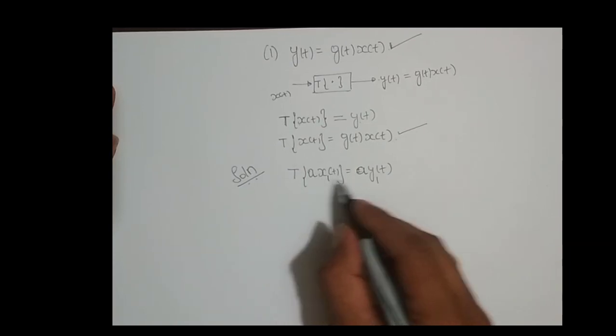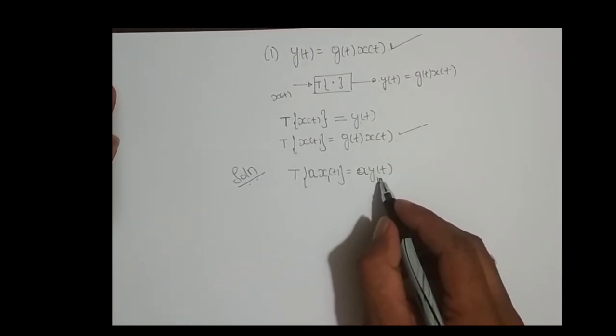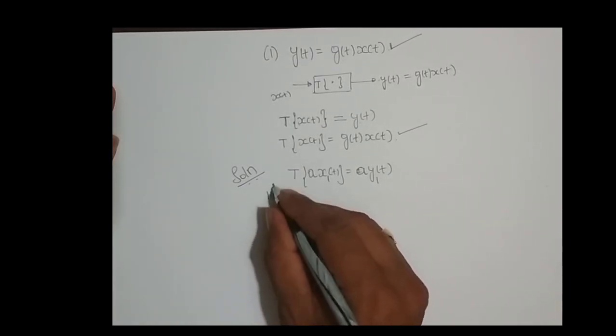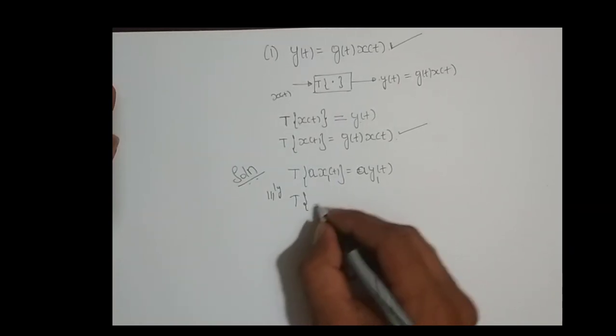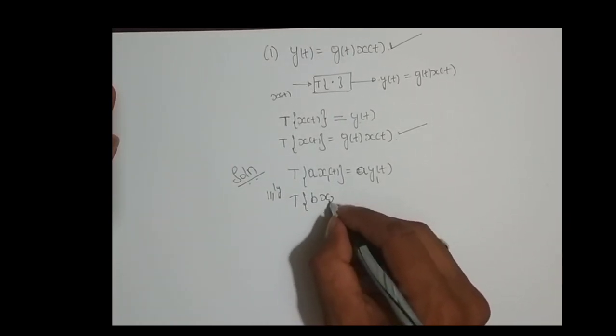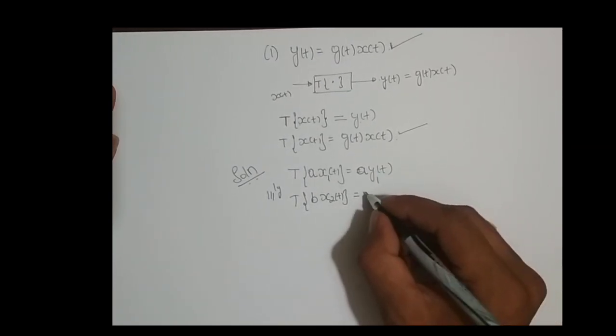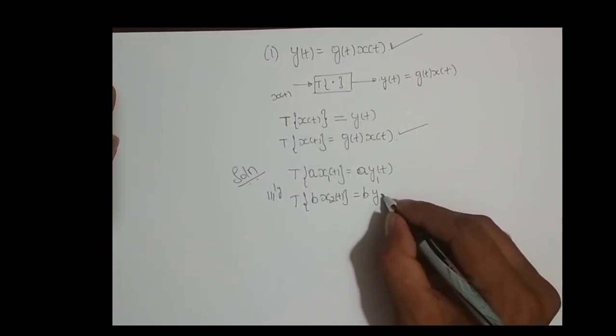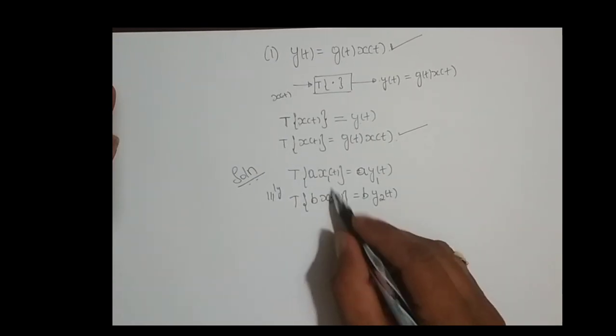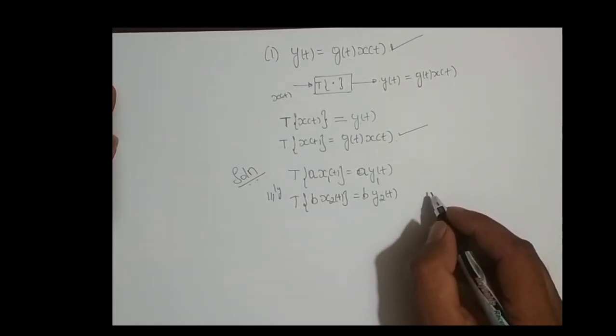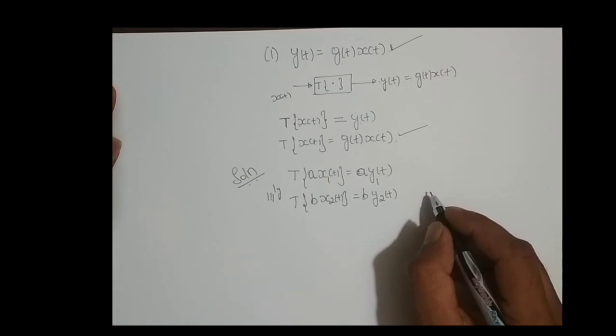If I give a scaled input, I should get a scaled output. Similarly, if I feed one more scaled input, which is b times x2 of t, what am I supposed to get? It is b times y2 of t. For every scaled input, I should get a scaled output, right?